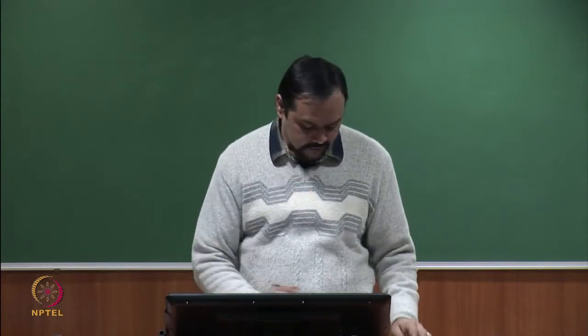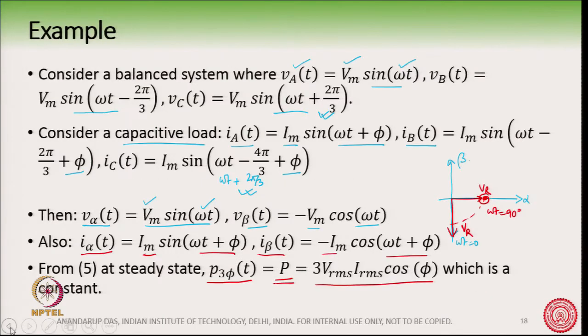That is why we are defining a term called instantaneous complex power. We had earlier said instantaneous real power P 3 phase T, which we had shown in the last slide. P 3 phase T is the instantaneous 3 phase power.